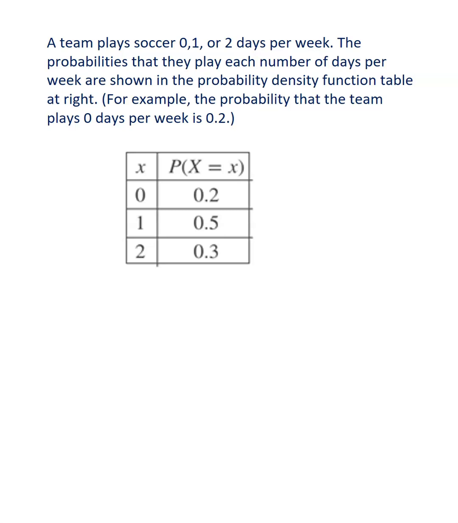Let's remember that x here stands for the number of days per week: 0 is 0 days, 1 is 1 day per week, 2 is 2 days per week, and p of x would be the associated probabilities. We're asked to find the expected value, or the mean, of the number of days each week the team plays soccer.